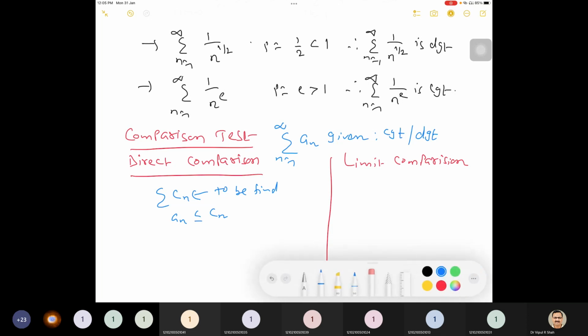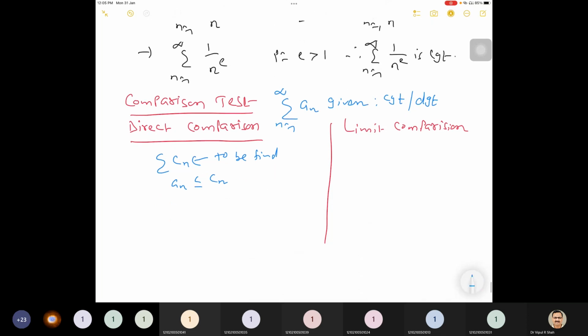An is less than or equal to cn for all n, it may not be from 1, it may be from some number also. And if series cn is convergent, this is a known series, then series an is convergent.